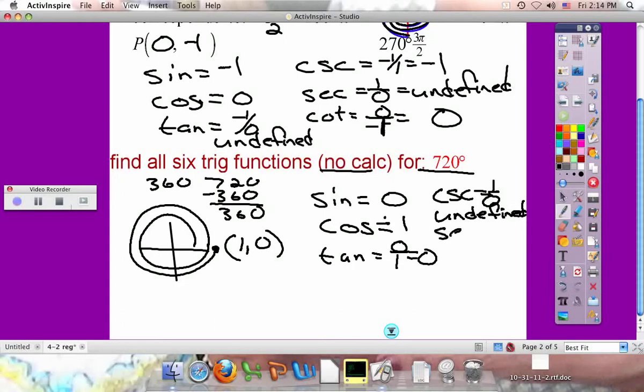Secant, reciprocal of cosine, would be 1 over 1, which is still 1. And cotangent, the reciprocal would be 1 over 0, which is undefined. Again, given any point on that unit circle, any x and y coordinate, you can come up with all 6 trig functions.